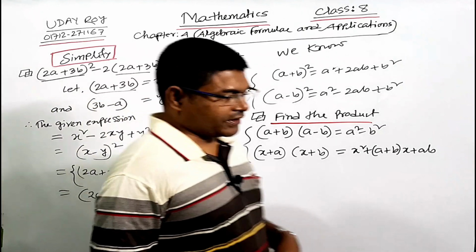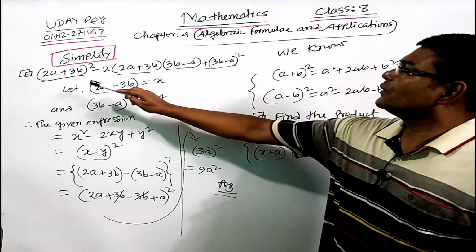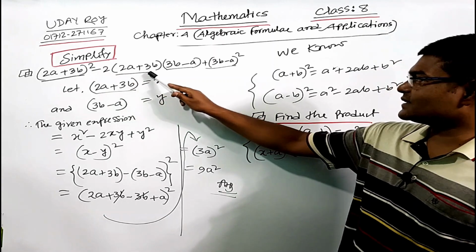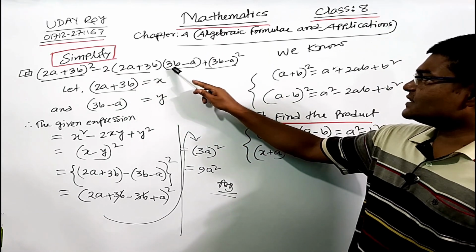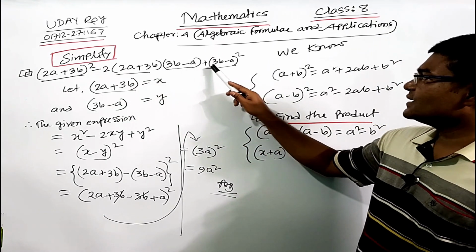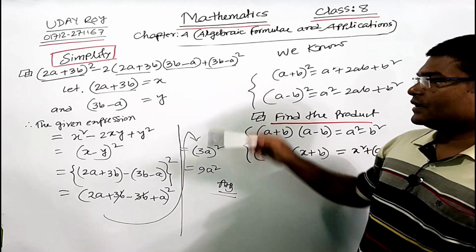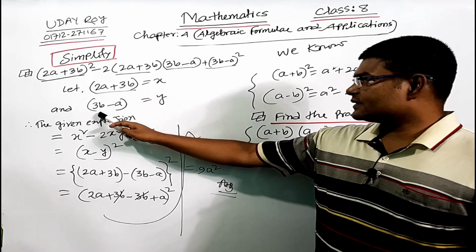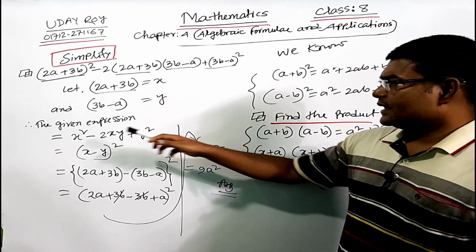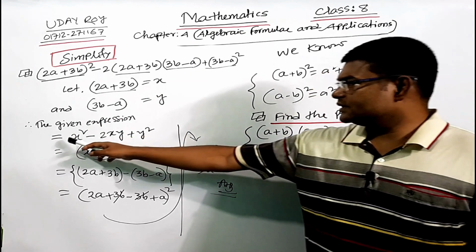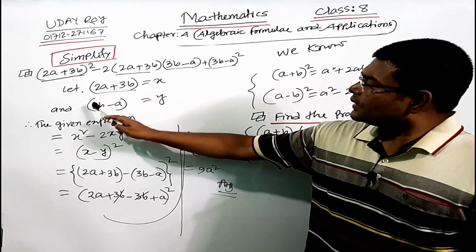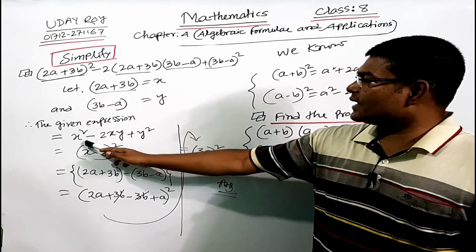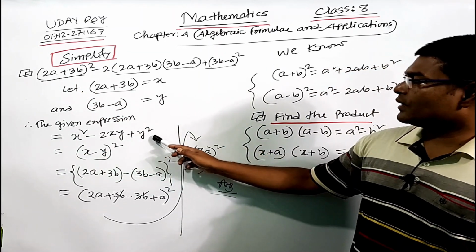Now follow the board again. Here is (2a plus 3b) whole square minus 2 into (2a plus 3b) into (3b minus a) plus (3b minus a) whole square. We have taken 2a plus 3b equal to x and 3b minus a equal to y. Therefore the given expression equals x square minus 2xy plus y square.